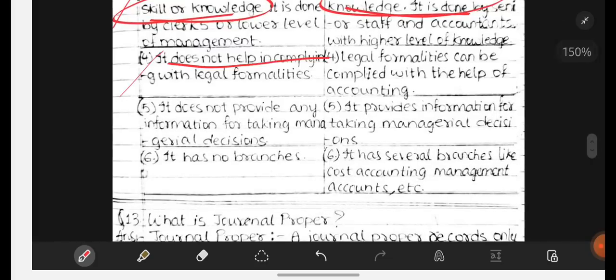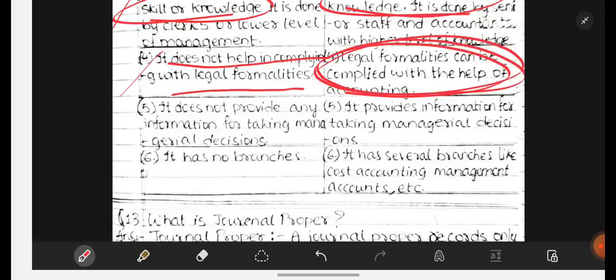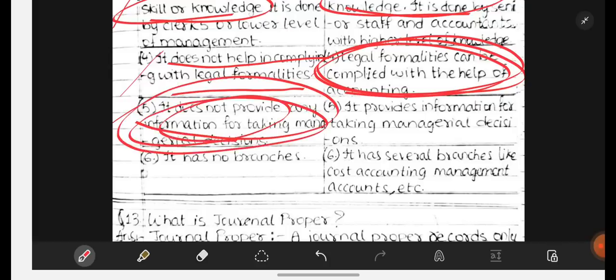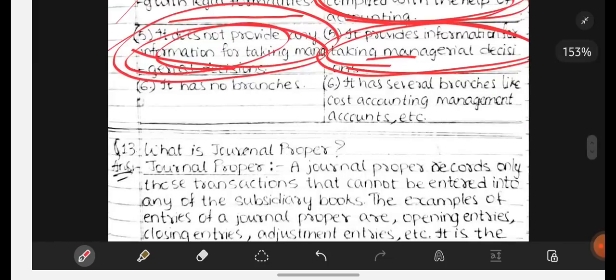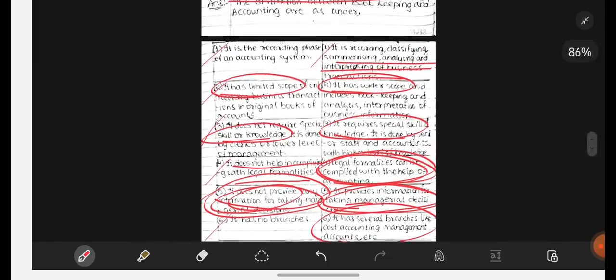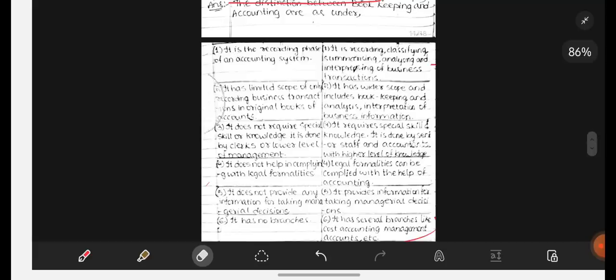It does not help in complying with legal formalities. Here it should comply with the legal formalities. It does not provide any information for decision making. Decision making will be done by this. It has no branches. It has several branches. Okay, this is the difference between the bookkeeping and the accounting system.